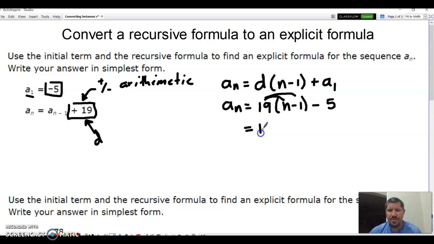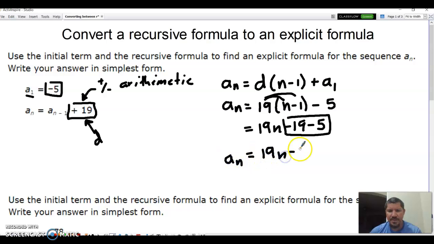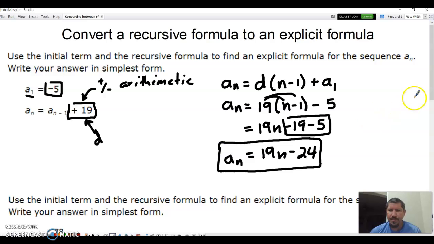Distribute, you get 19n minus 19 minus 5. Combine right here, and you get that a sub n is equal to 19n minus 24. That will probably make that easier for most of you.